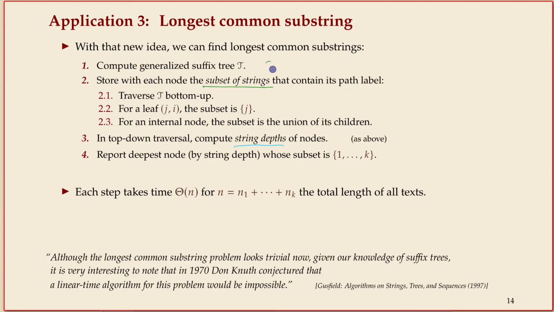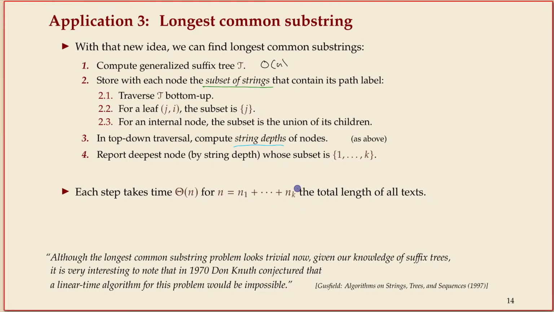So this here is order n for the size of the generalized text, but the size of the generalized text is just the text is the concatenation, so the size is the sum of the sizes.